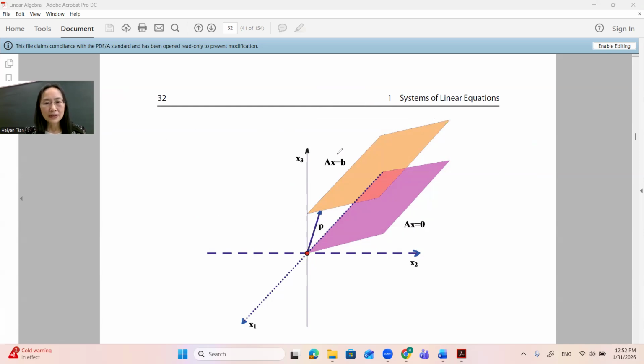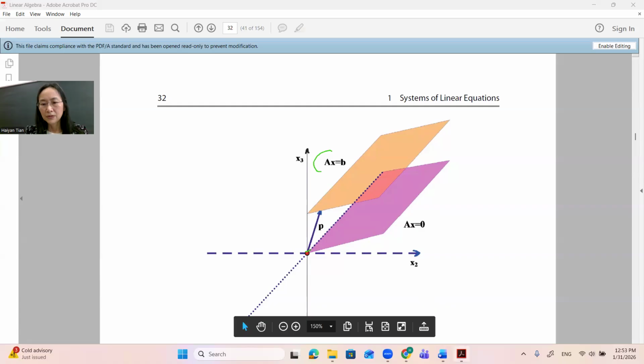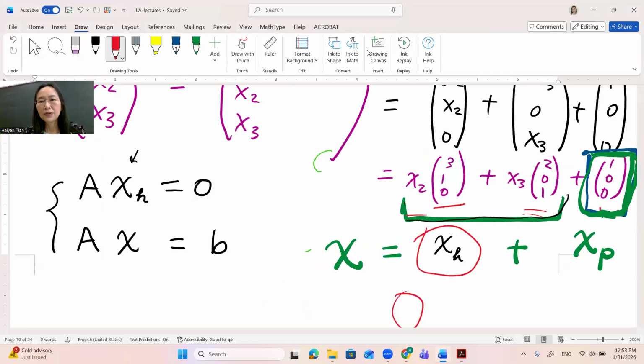And solution set, that means any vector as a linear combination of the two vectors. If you remember the two vectors. So one vector, let's name the two vectors, because it's hard to remember, I can call it U. I can call this one V. So when you have U and V, any linear combination of this U and this V, then I can say U is 3, 1, 0.